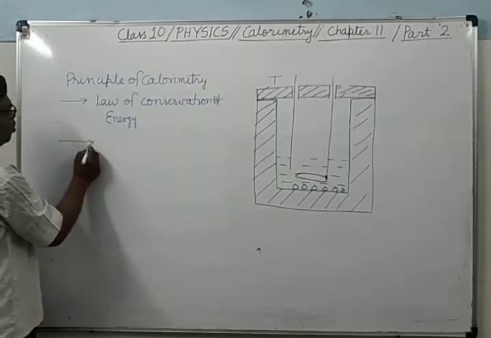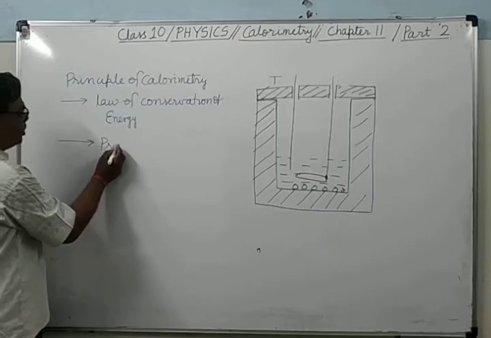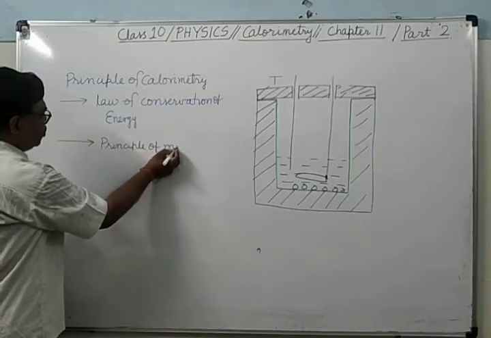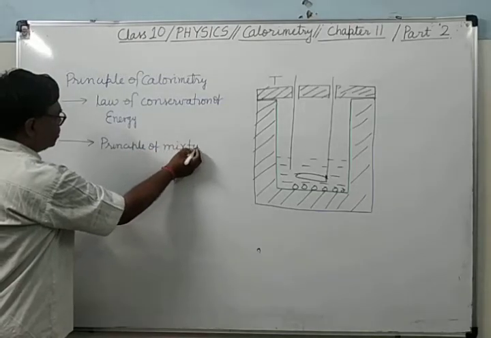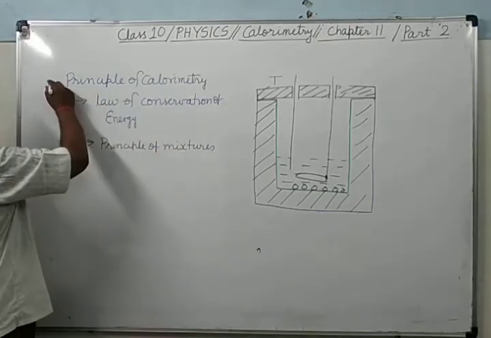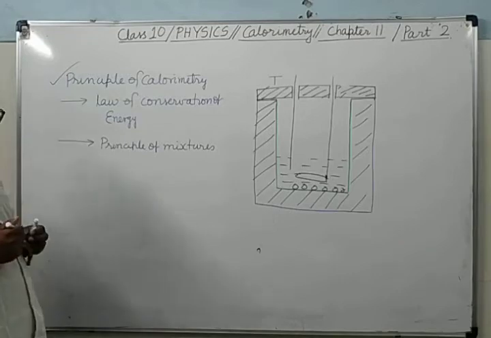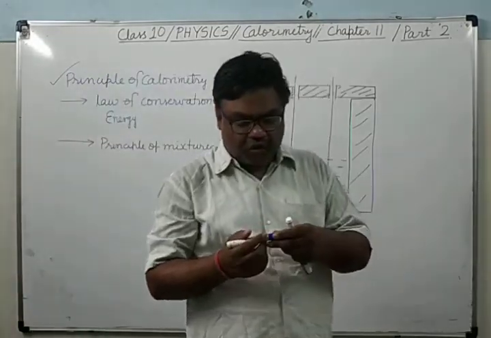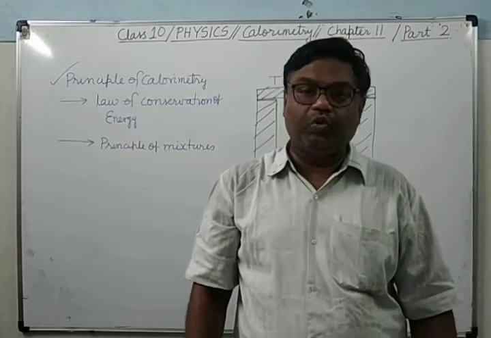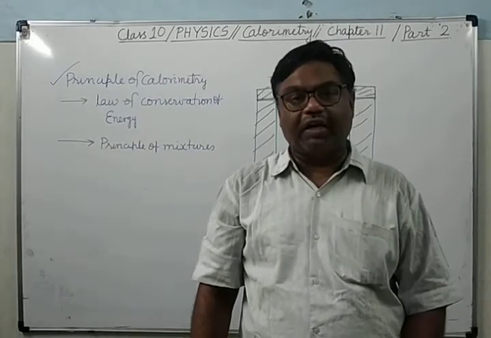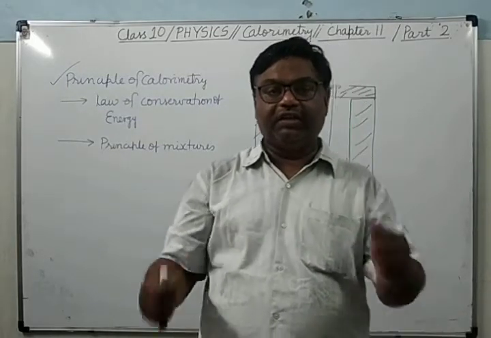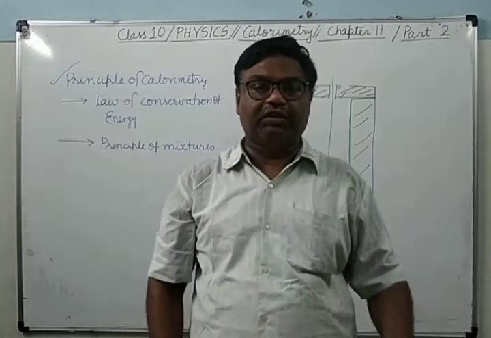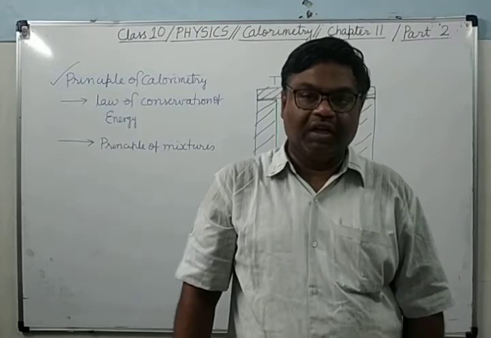It is also known as principle of mixtures. So these are the different names, but we use this name widely. What is principle of calorimetry? According to the principle of calorimetry, when two heated bodies are brought in contact, then heat energy will flow from a body which is at higher temperature to the body which is at lower temperature.